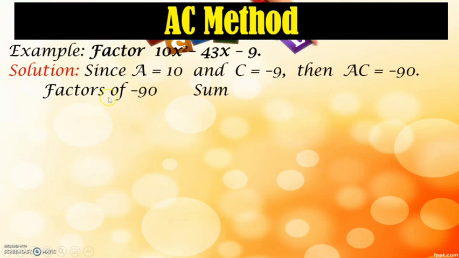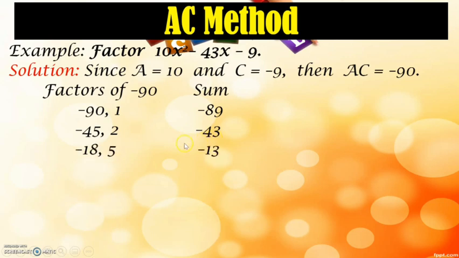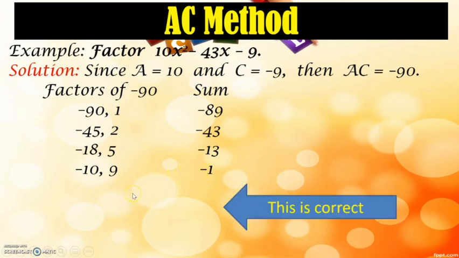So we need to find the factors of negative 90 whose sum is equal to negative 43, or B. Negative 90 and 1, negative 89 is the sum. Negative 45 and 2, if you add, it's negative 43. Negative 18 and 5, it's negative 13. Negative 10 and 9, it's negative 1.